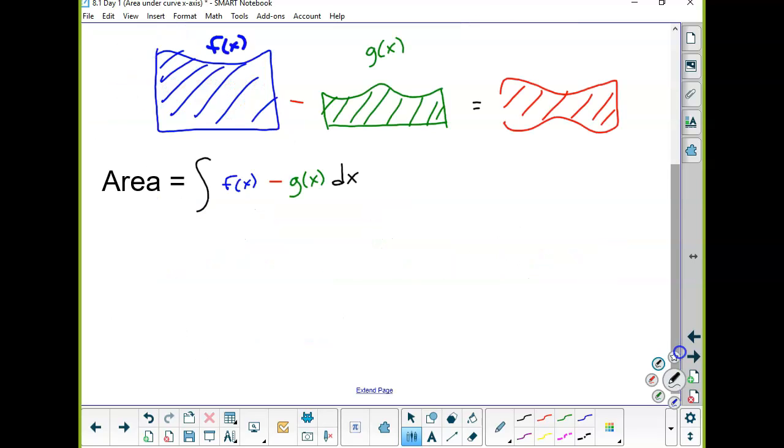Okay? Here's what I would do if I were you to write notes. I wouldn't write any of this unless you really like the visualization piece. I would write this last thing that I'm going to write down. The area, let's say area between.